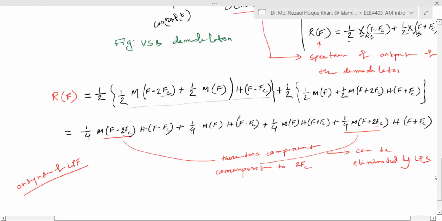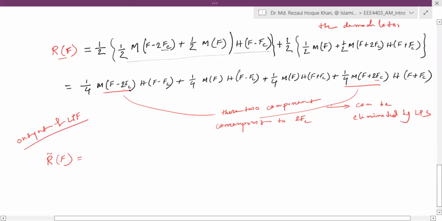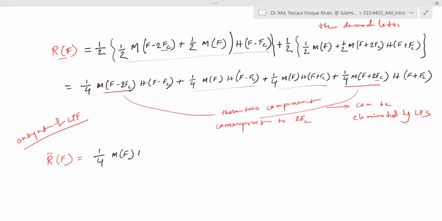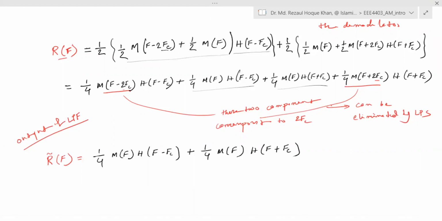We already gave it a name, RF, so let's give another name, R tilde F. Okay, so what we actually have is 1 by 4 m f h f minus fc plus 1 by 4 m f h f plus fc. These two portions we have now.